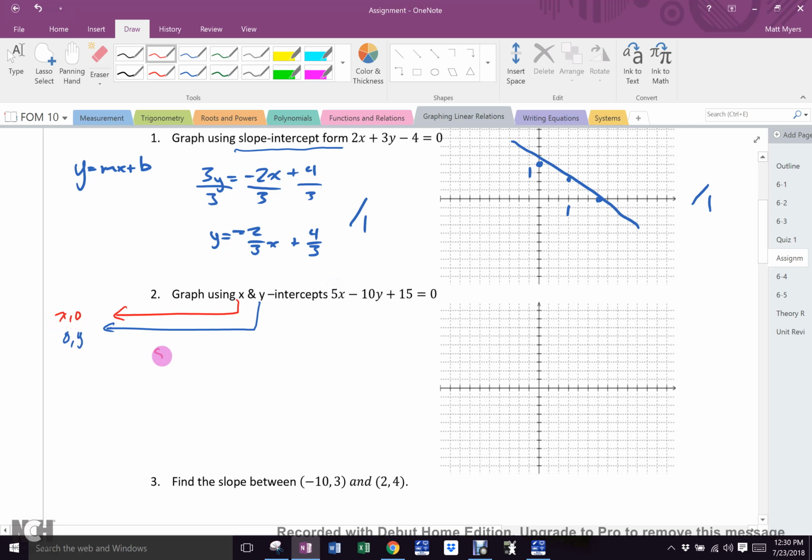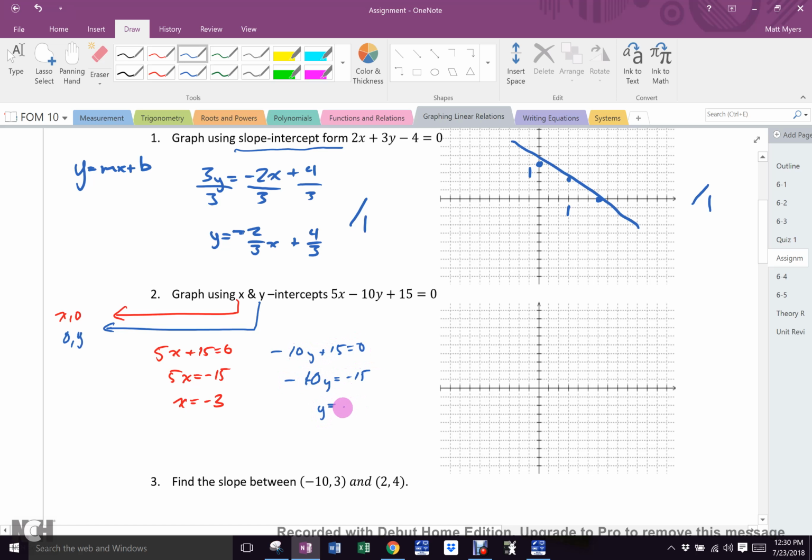The y. So it's 5x plus 15 equals 0. 5x equals negative 15. X equals negative 3. When it's the y-intercept, what disappears? The x. So it's negative 10y plus 15 equals 0. Negative 10y equals negative 15.